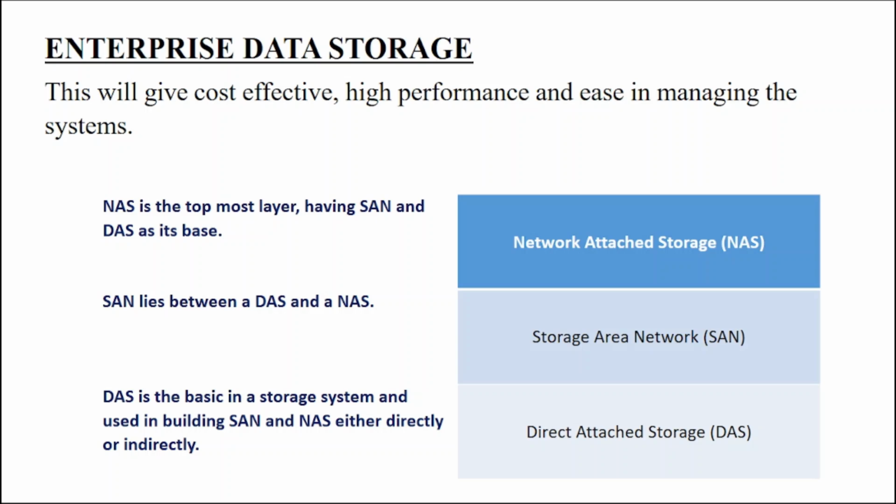It is the topmost layer, but it cannot be implemented without DAS. First you have to implement DAS, then SAN, and only then can you create NAS. So first we have physical drives, then we connect them, use middleware, and create SAN. Now we have created SAN. Now we are going to create NAS.